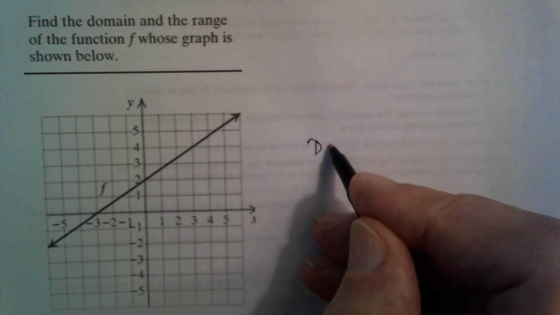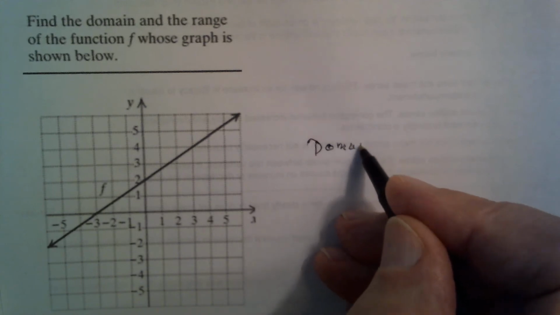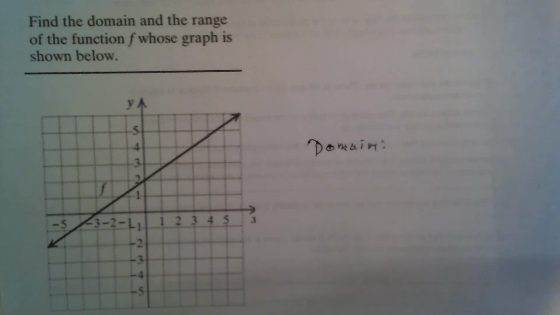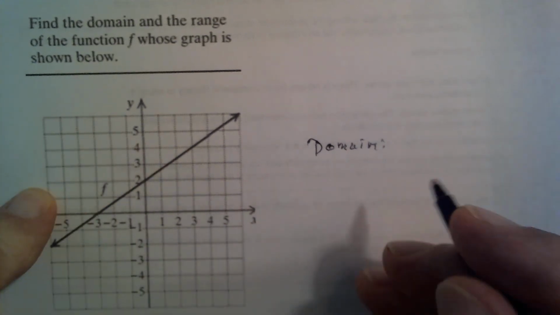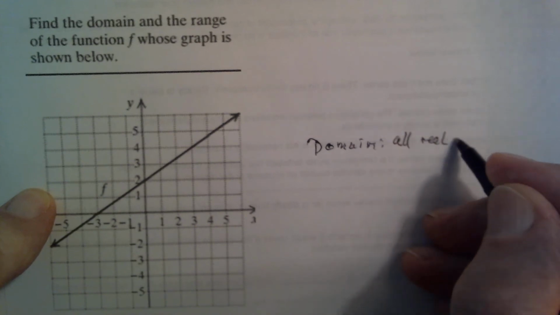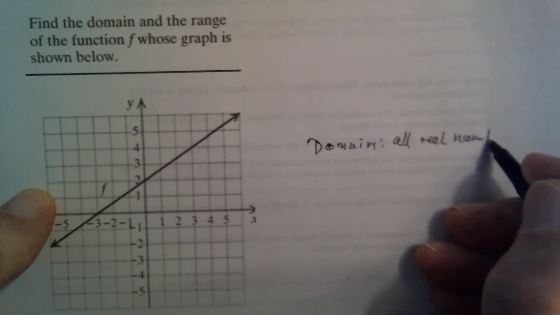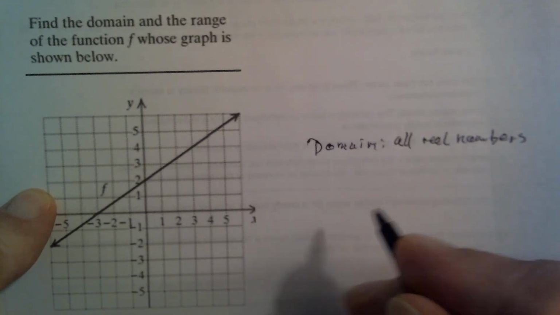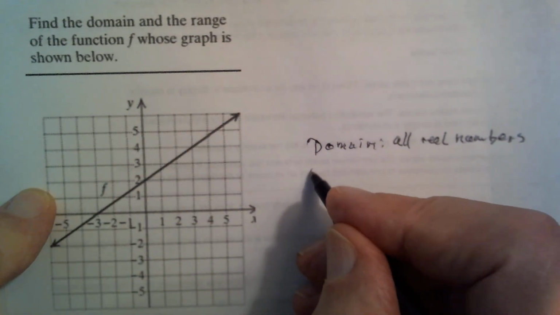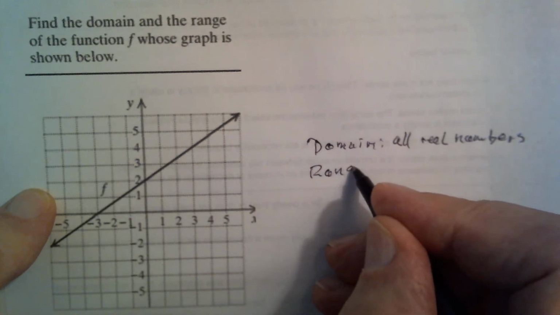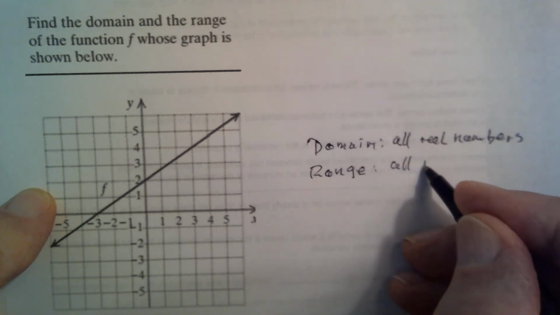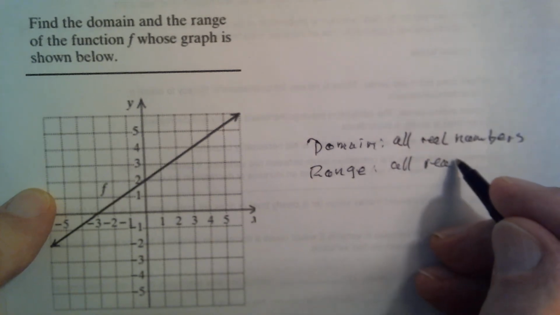So the domain is the set of all real numbers, and the range along the y-axis, it's the same. It could be any number, so the range is all real numbers as well.